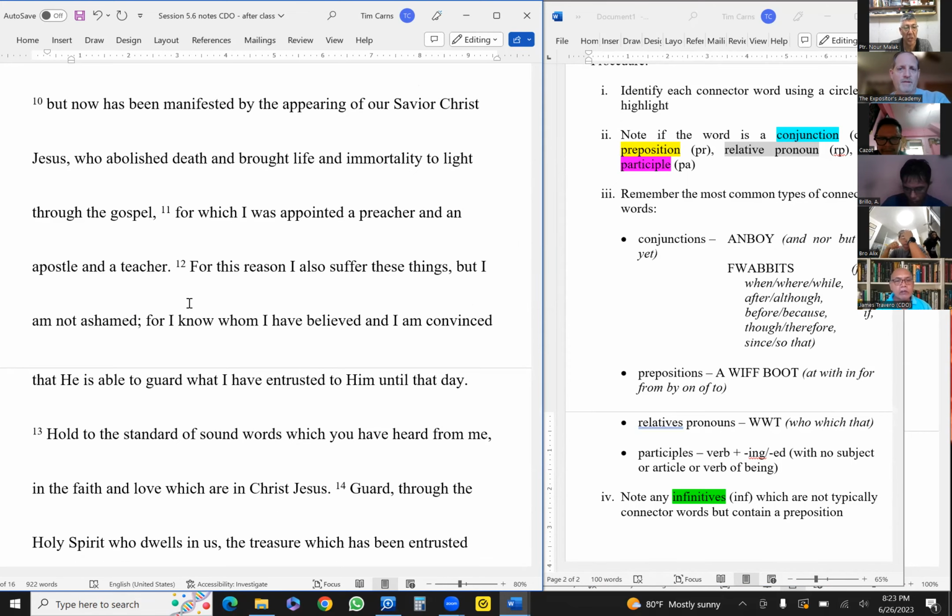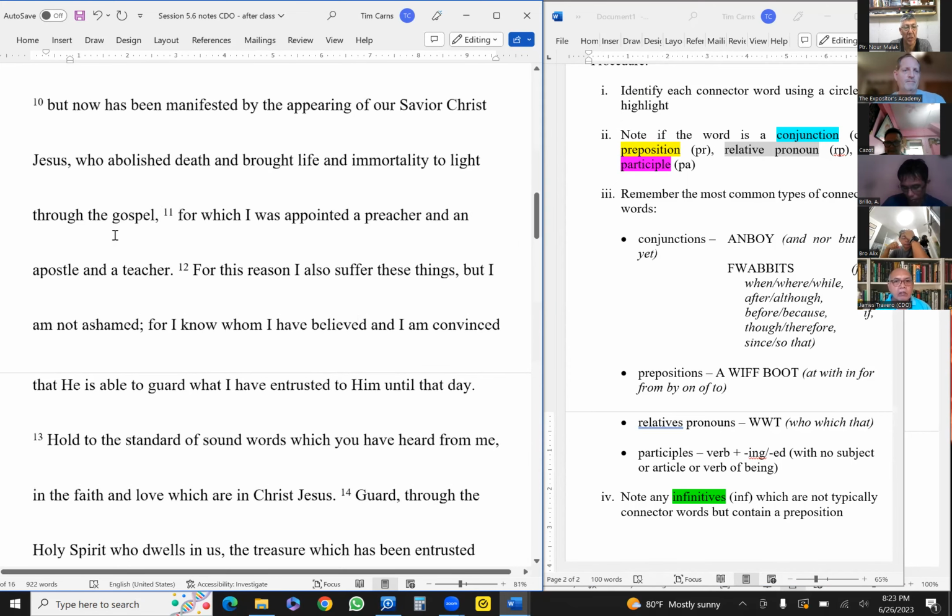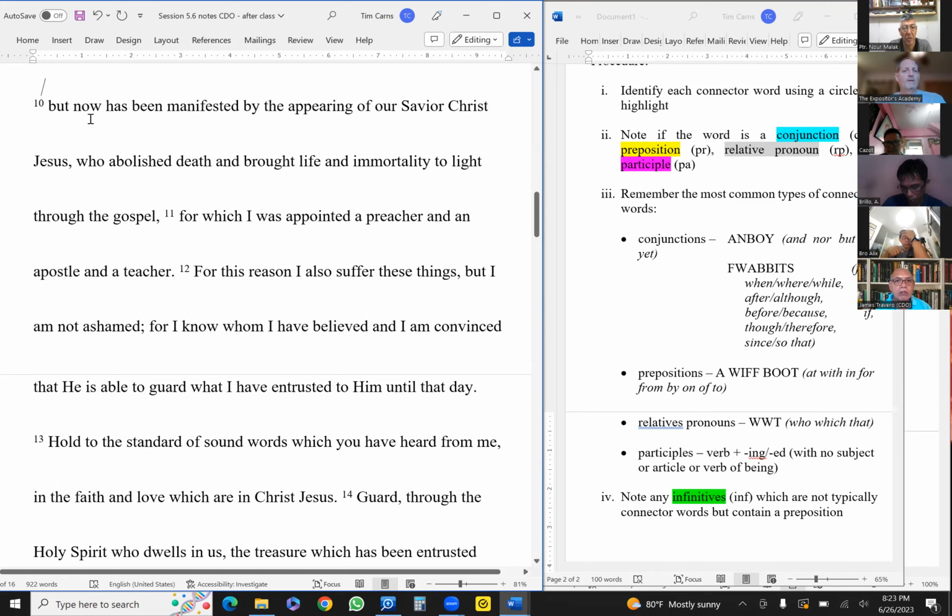All right, I'll try to make it a little bigger. Okay, so we're going to follow the procedure we did last week. I'll give you a verse to read, and then you can look at it for a moment, and then I would like you to try to identify all the connector words that you see. Okay?